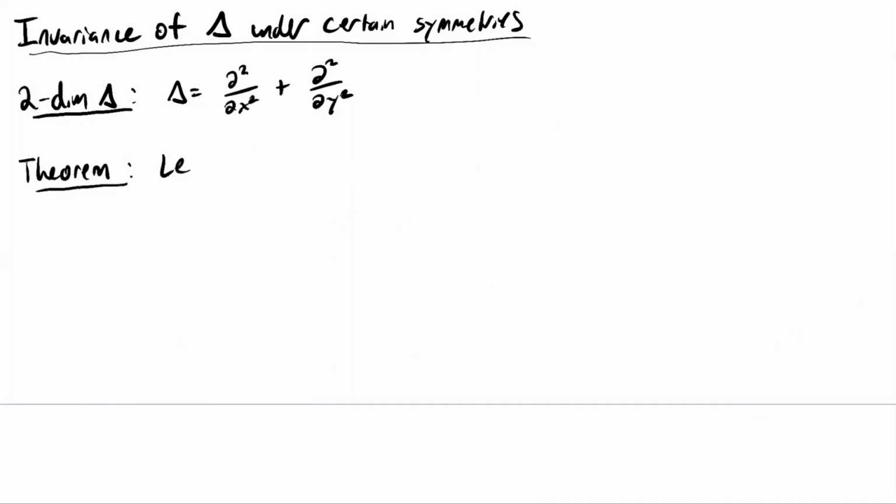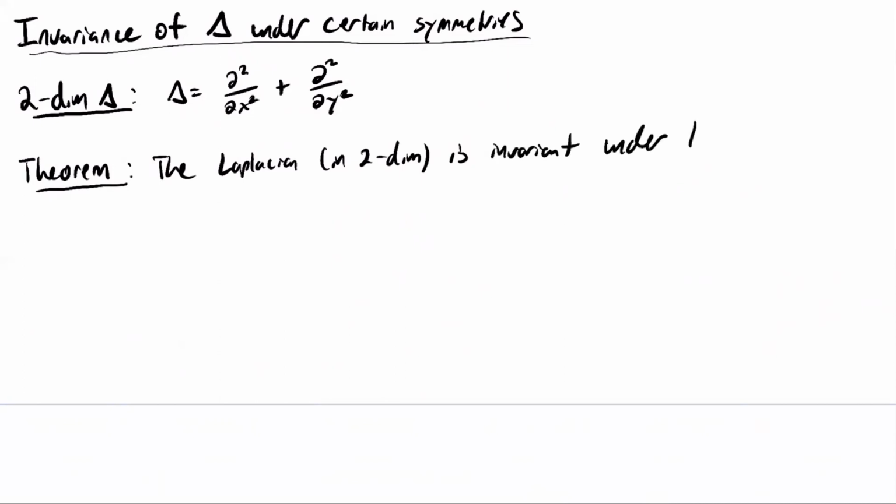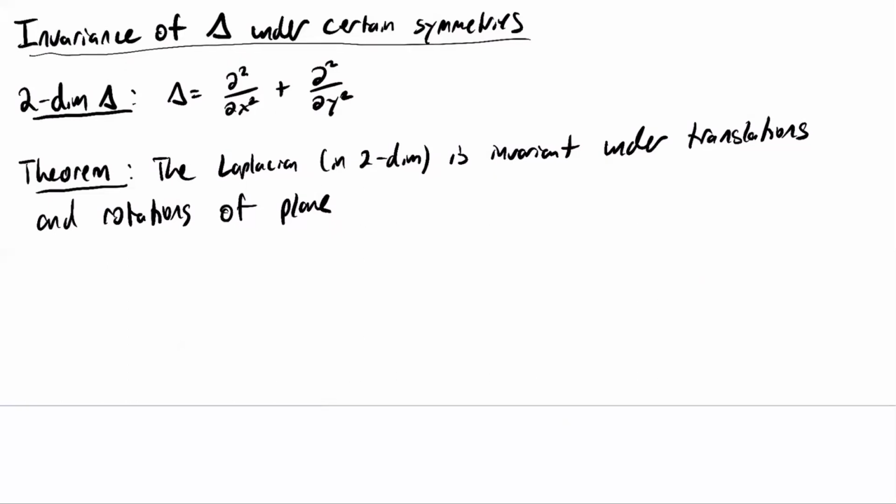So the Laplacian in 2 dimensions for now is invariant under translations of space and rotations of the plane, right? And so what do I mean more precisely?